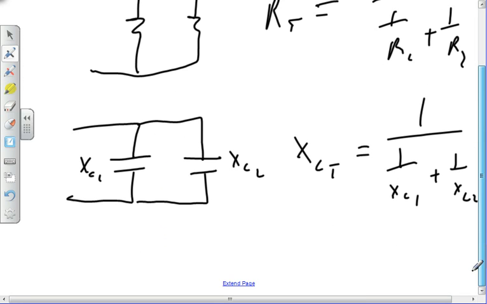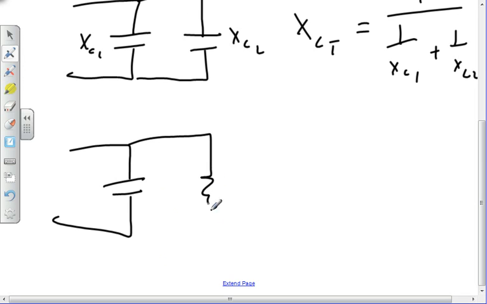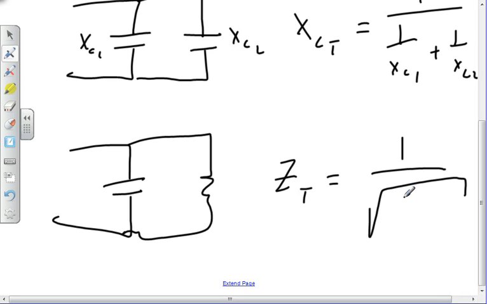And now if I put a capacitor in parallel with a resistor, then my impedance total is going to be 1 over the square root of 1 over X of C squared plus 1 over resistance squared.